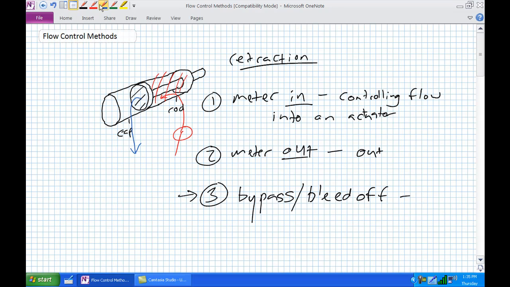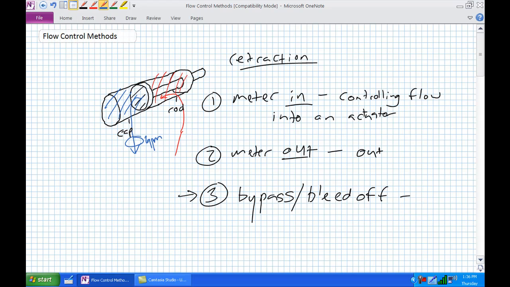Now, what happens here? Meter out. Let's say I meter out this thing, and let's say my inflow is as fast as it possibly could be, whatever the pump can supply. But let's say I limit this draining to 2 gallons per minute. Can it retract any faster than draining the space at 2 gallons per minute?